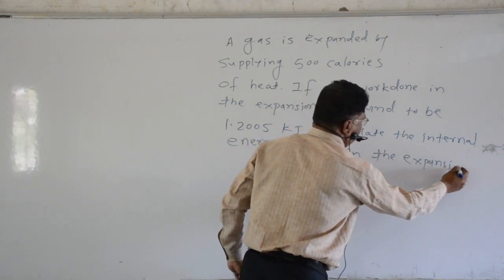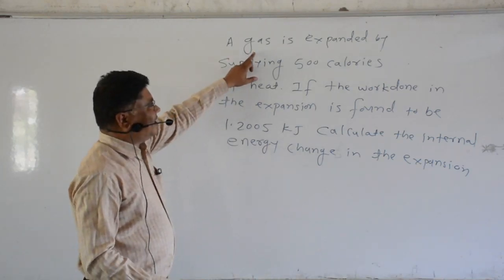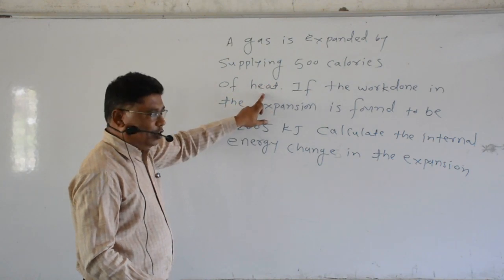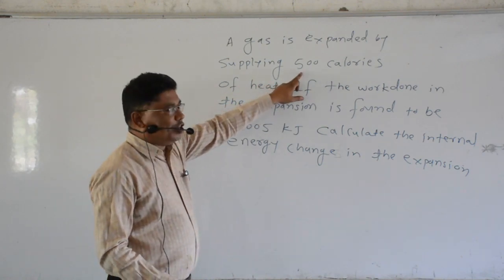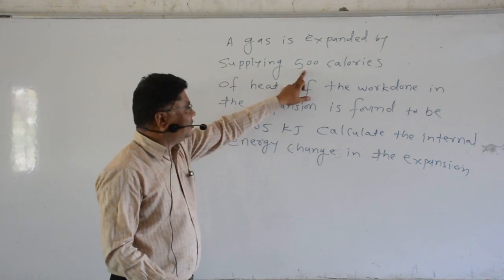So once again, what is the problem? A gas is expanded by supplying 500 calories of heat, means the value of Q is given, capital Q, that is 500 calories.